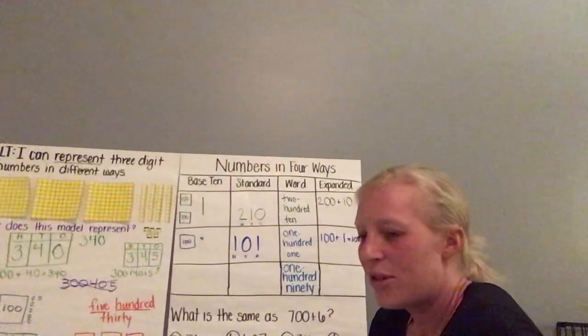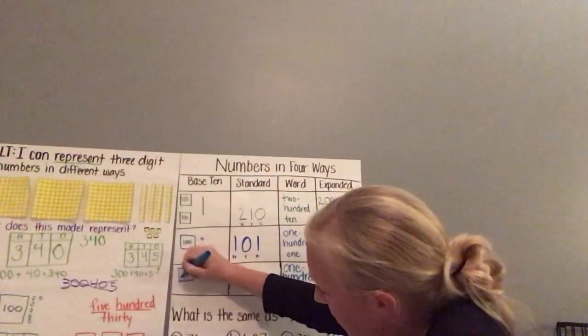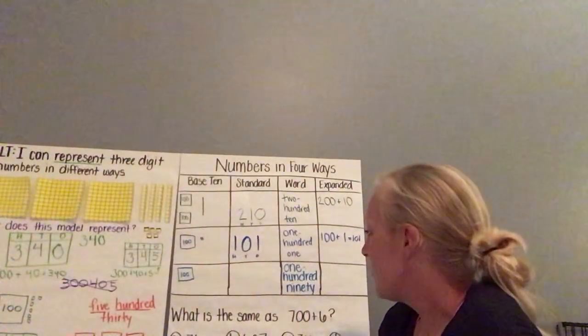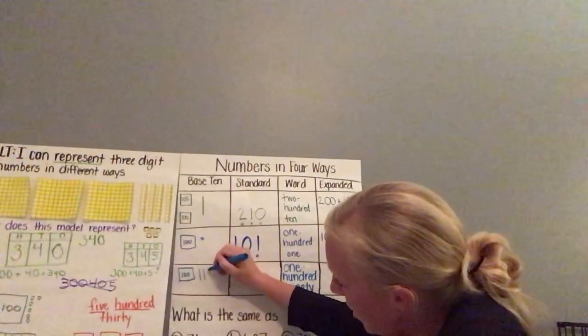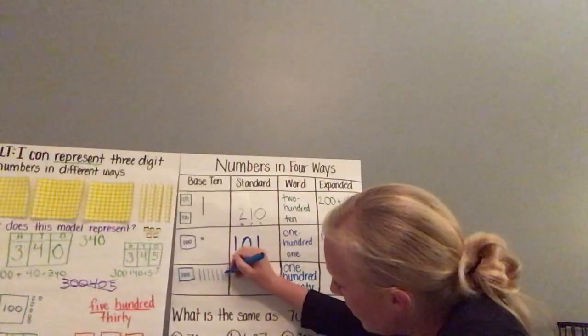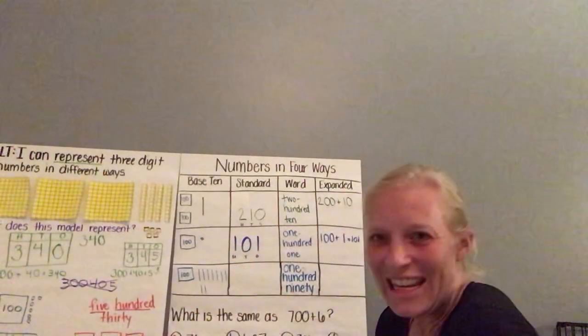Okay, how many hundreds do I have? How many tens? Let's count it out. 10, 20, 30, 40, 50, 60, 70, 80, 90.